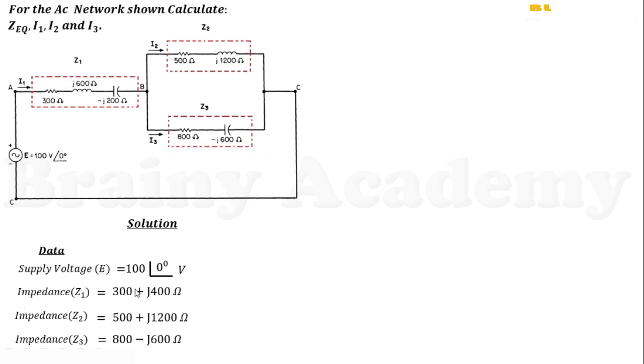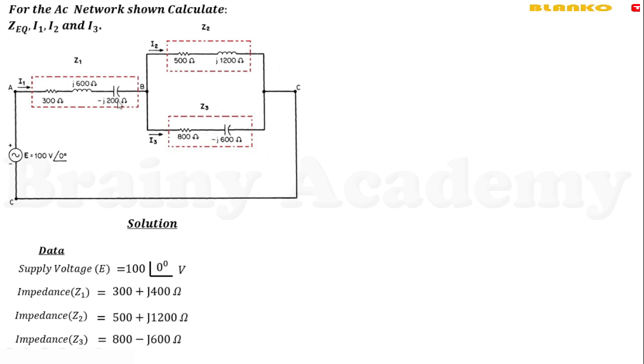Let's go back to the diagram. When we look at Z1, it has J600 ohms and then negative J200 ohms. J600 ohms is the inductive reactance, and negative J200 ohms is the capacitive reactance.